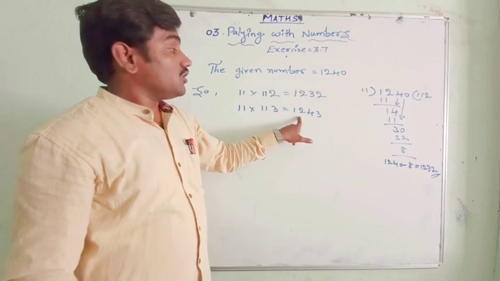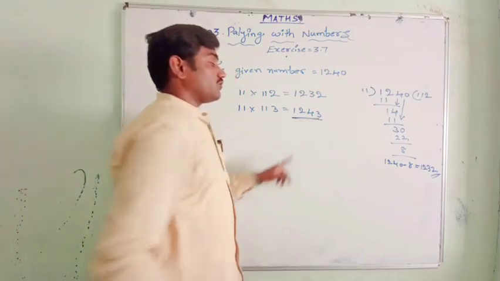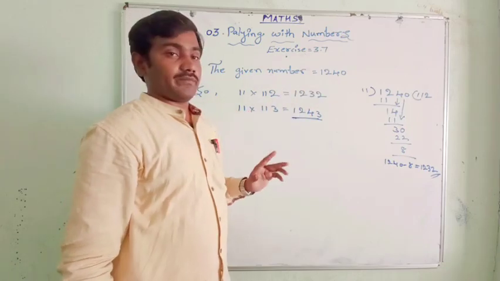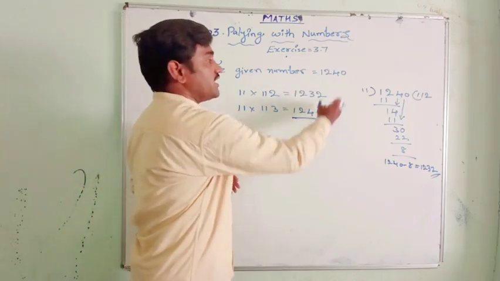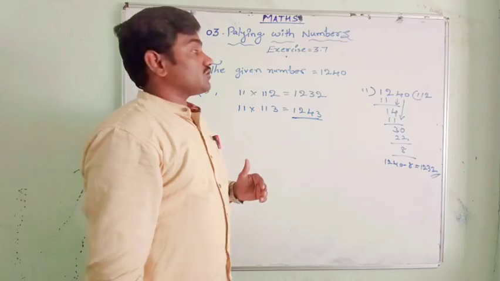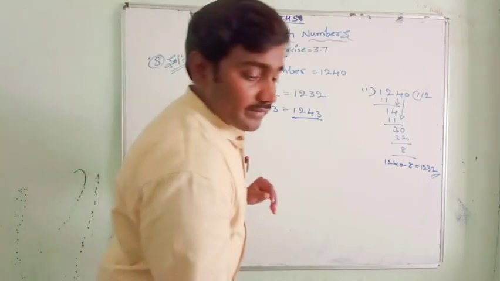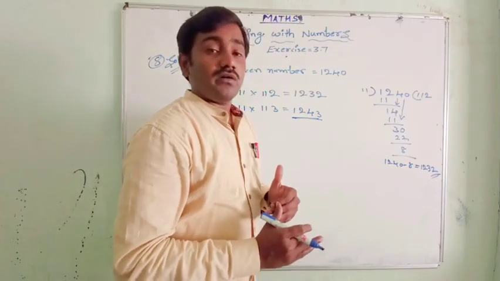Yes, we can say that 1243 is nearest to 1240. So what we need to find? Write the nearest number.